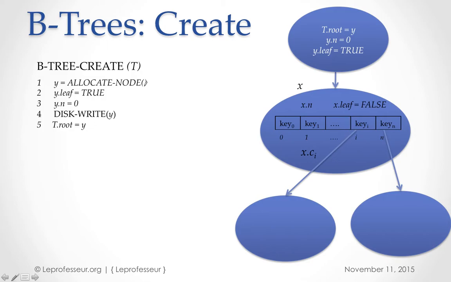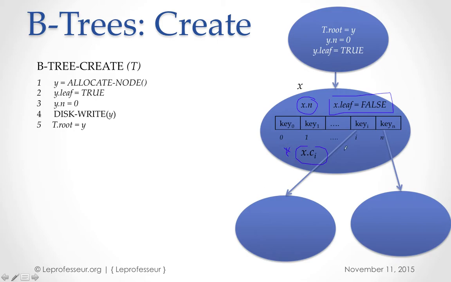That memory space can be a page or just simple memory bytes, which a node typically will have. A node will have how many keys, whether it's a leaf node or not, true or false, an array or linked structure to store the values of the keys, and the pointers to the children.